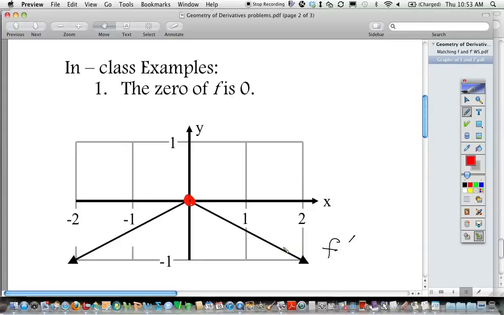That it's negative. And again, looking at the chart, I care that F prime is negative and decreasing. So the graph I want to draw is going down and is concave down. Right? So it's got to be going something like that. It's got to be going down, it's got to be concave down.